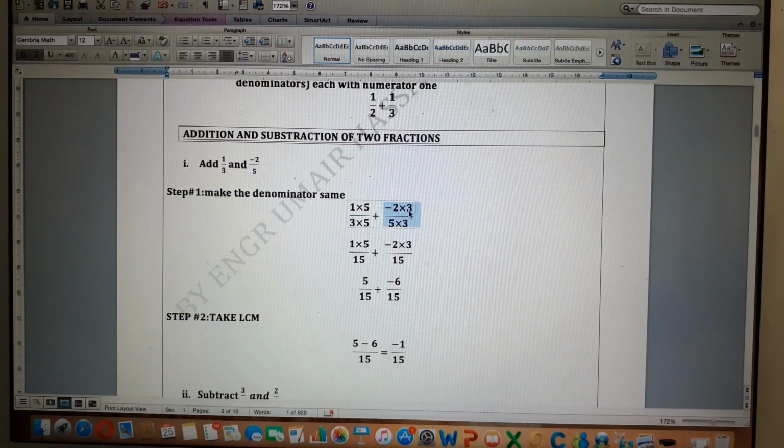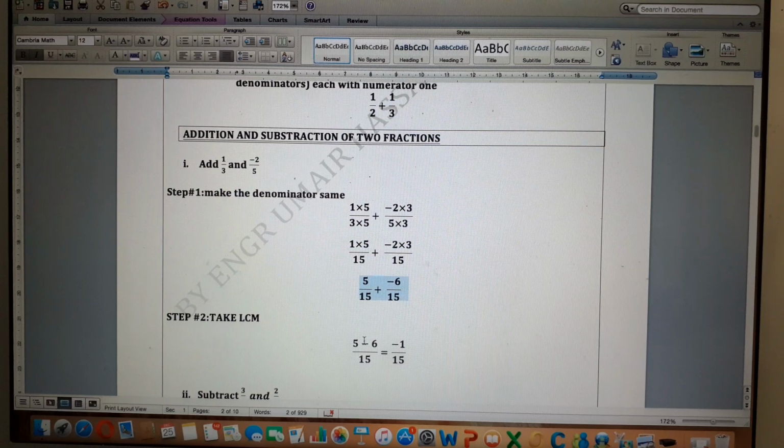Upon simplification, 5 into 1 is 5, 5 into 3 is 15, 3 into minus 2 is minus 6, while 3 into 5 is 15. So now I have got the same denominators.